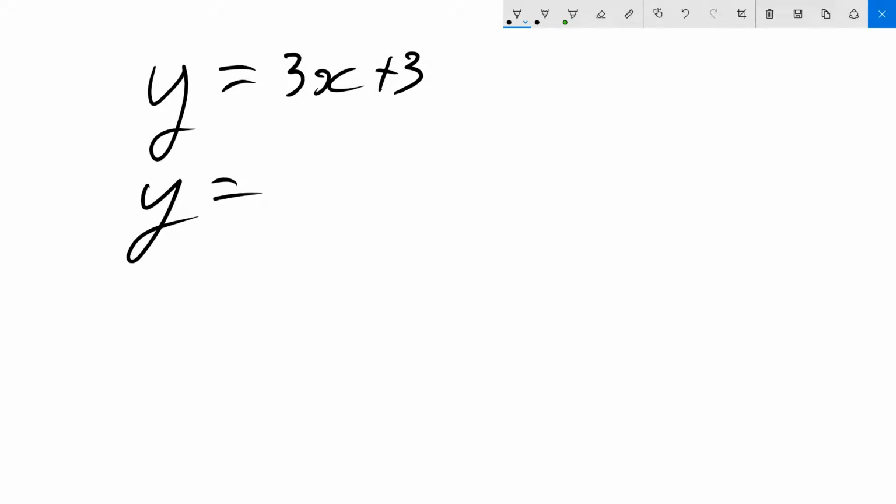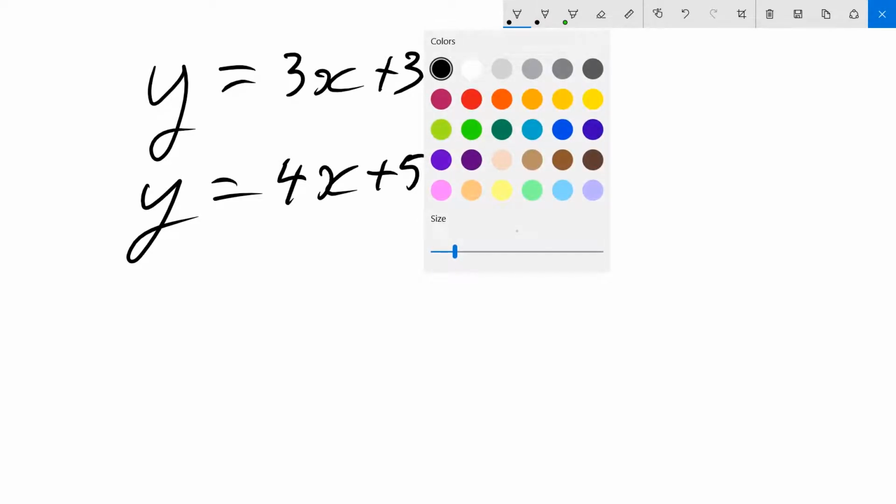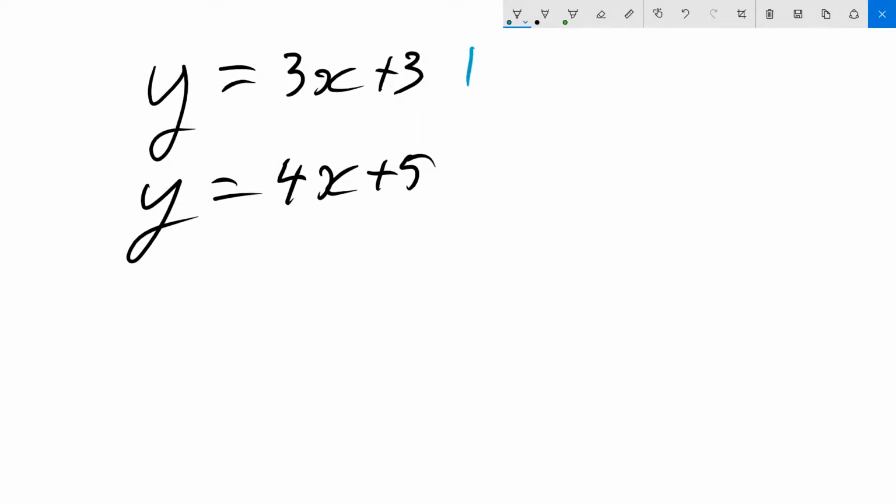So the easiest example is something like this. We have two different equations. I'm going to label these equations in a different color.